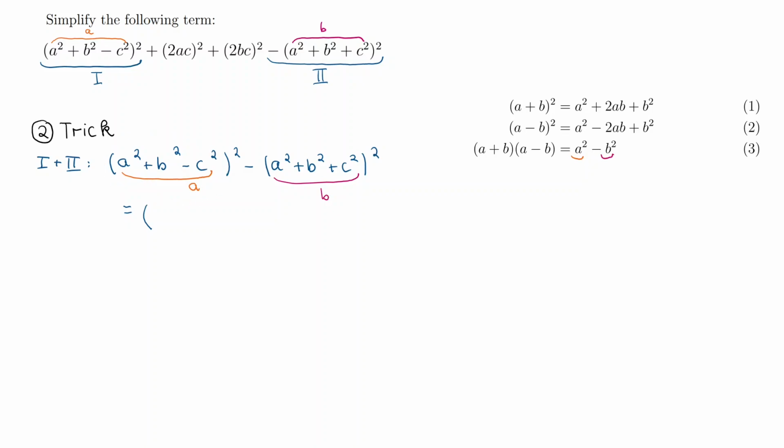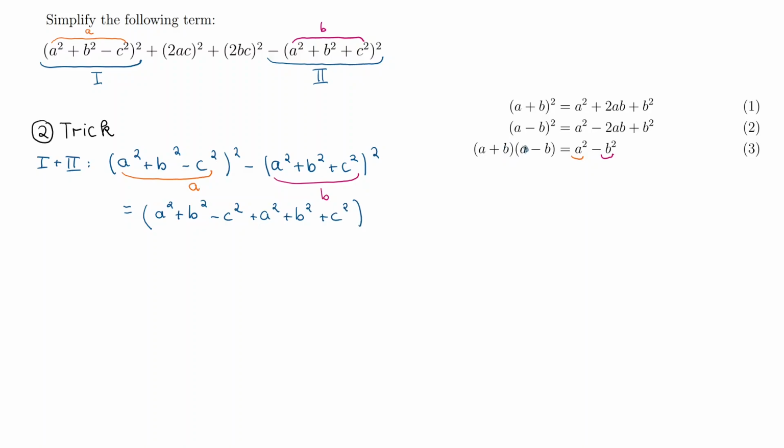Orange A is this, so it's A square plus B square minus C square plus red B, plus A square plus B square plus C square.